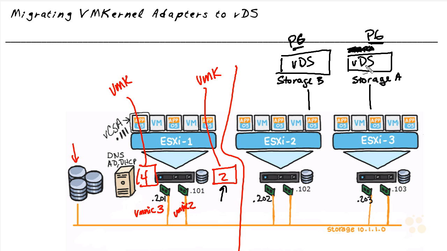So here's what we can do. Once we create the logical distributed switches, we can then add the hosts, ESXi 1, 2, and 3, into the party so that they can each use the logical distributed switch, and then we can migrate the resources over.